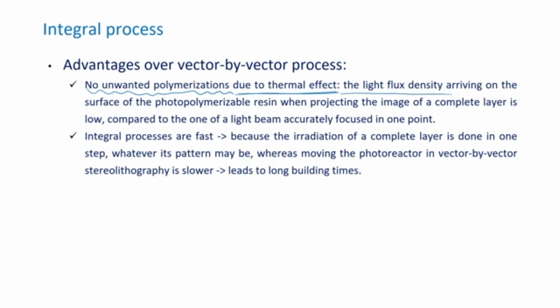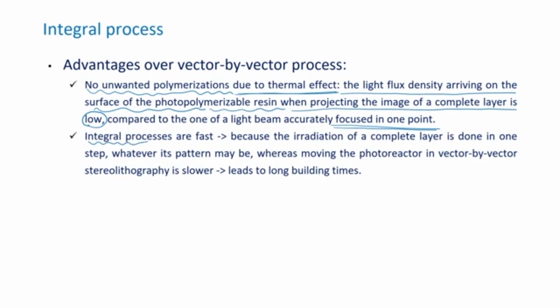The light flux density arriving on the surface of the photopolymerizable resin when projecting the image of a complete layer is low. So, in the integral process, the energy flux that we apply is comparatively low, and that is why the undesired portions are saved from getting polymerized.